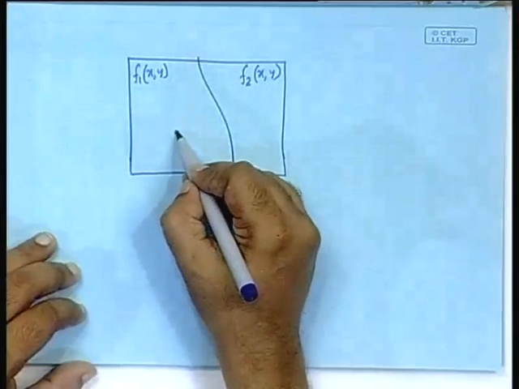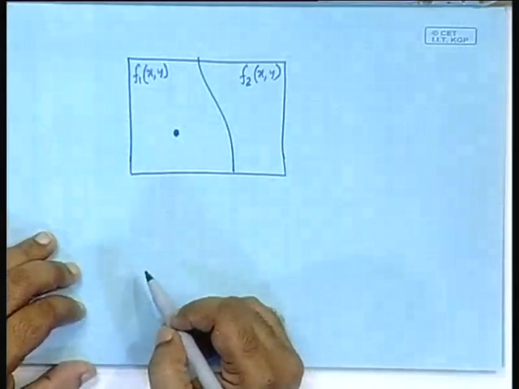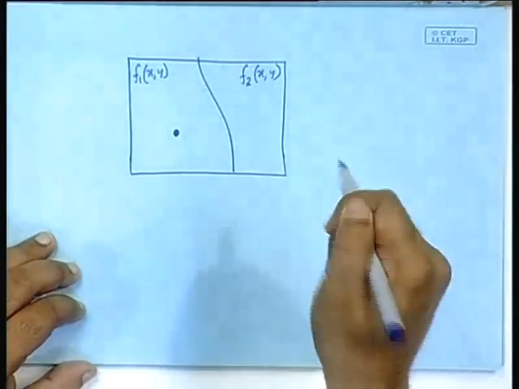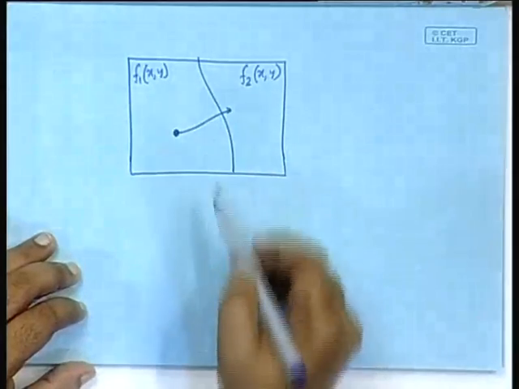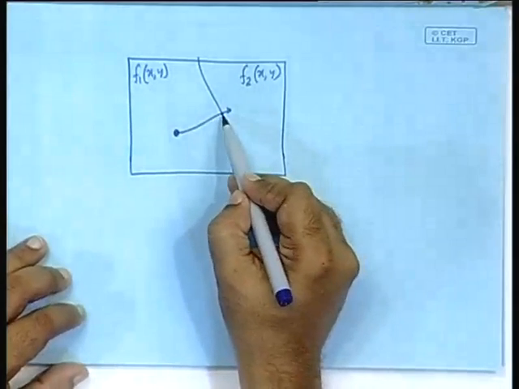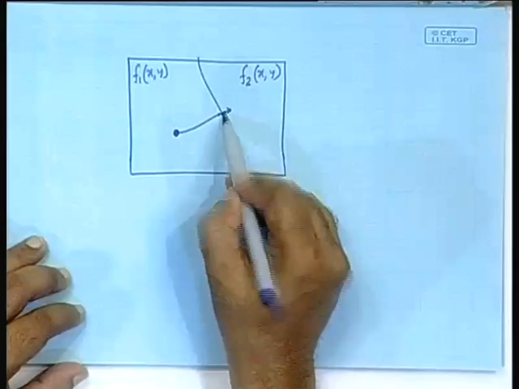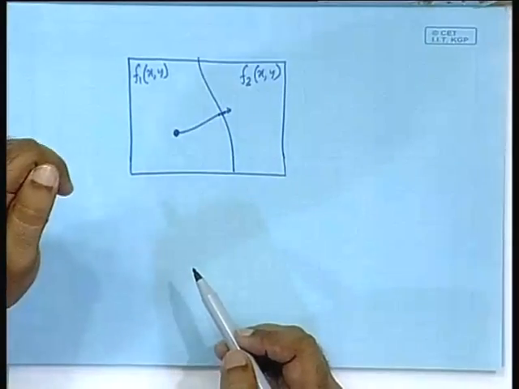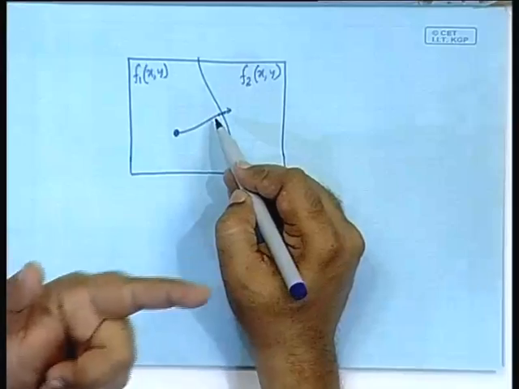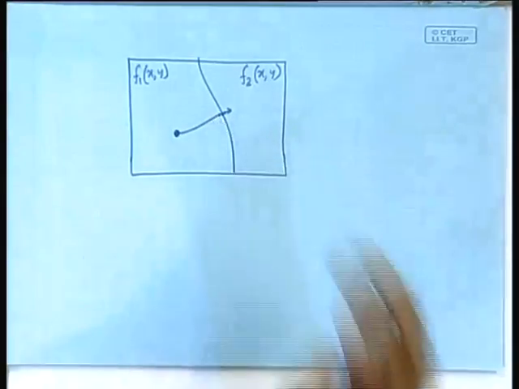So, if here is a fixed point, if you change the parameter, it moves and say hits the border, then at this point, if you obtain the Jacobian here and the Jacobian here, you will find that the Jacobian has abruptly changed as it hit the border. So, that is the position of the border collision.